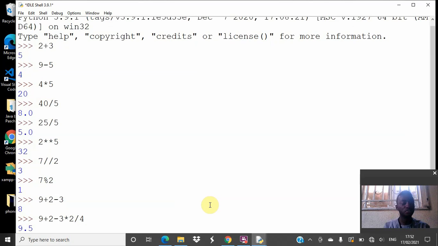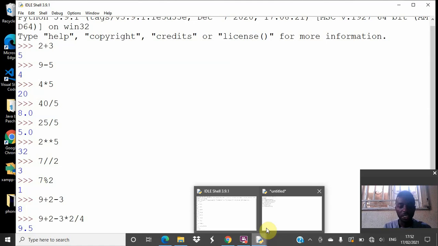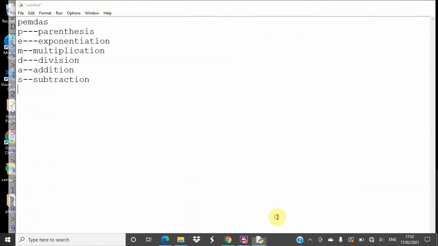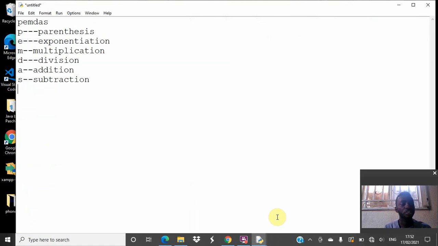And let's see what this gives us. This gives us 9.5. This is how this is done. So let's go back to what we have, the order of operation again. So here we said it is parenthesis first, exponentiation, multiplication, division, addition, and subtraction.